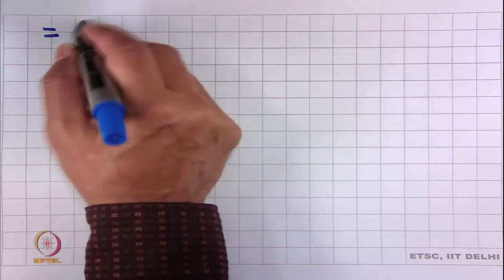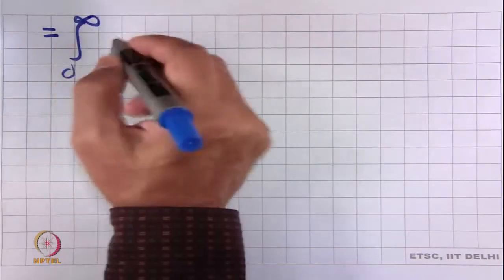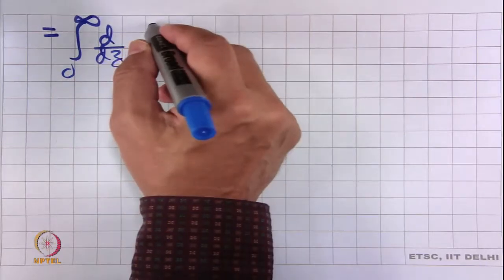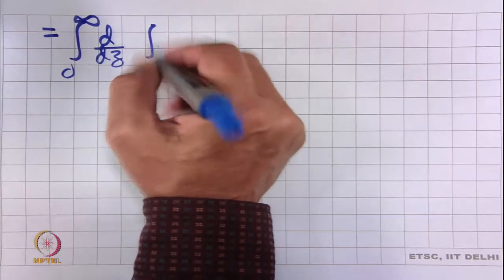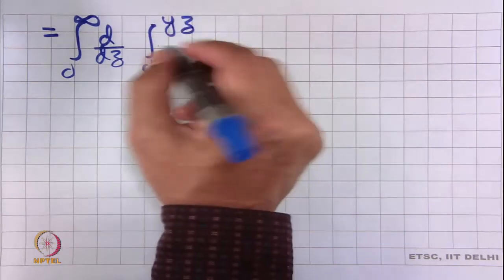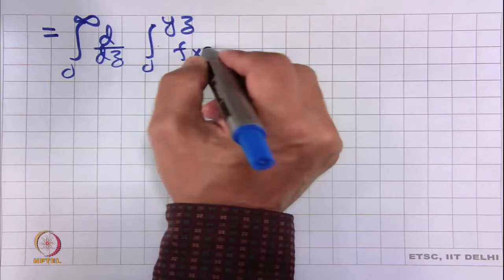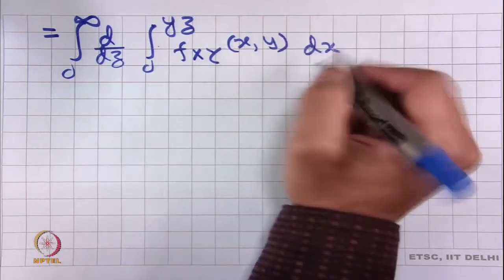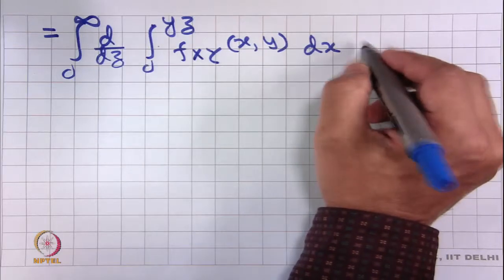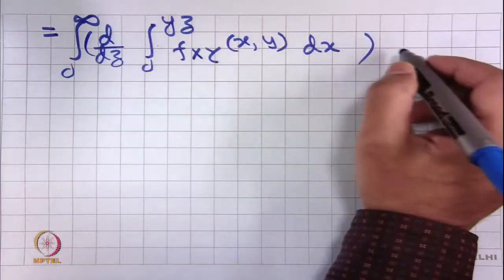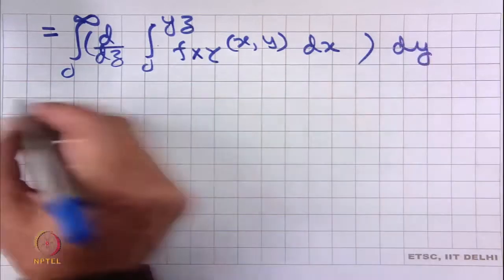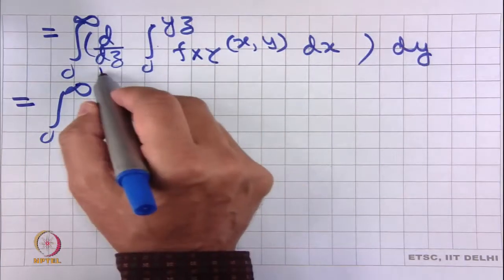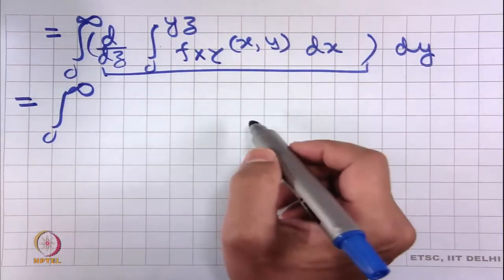okay, let me write it again: integral 0 to infinity, d/dz of the integral 0 to yz of f(x, y) dx, the whole thing is dy, is equal to integral 0 to infinity. Now, we are carrying out this differentiation.